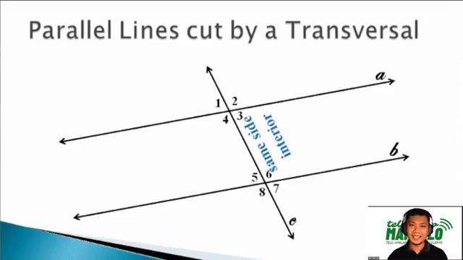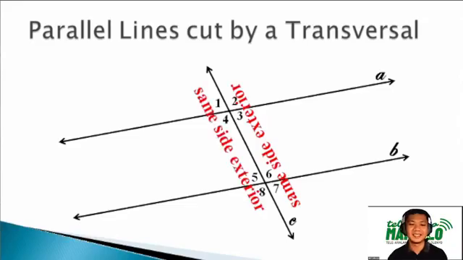Angle 3 and angle 6 are same side interior angles. And angle 4 and angle 5 are also a pair of same side interior angles. Now, what do you call angle 2 and angle 7, as well as angle 1 and angle 8? Yes, they are same side exterior angles. There you go. Same side exterior angles are supplementary by pair.